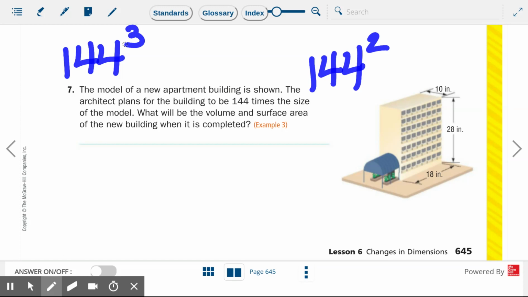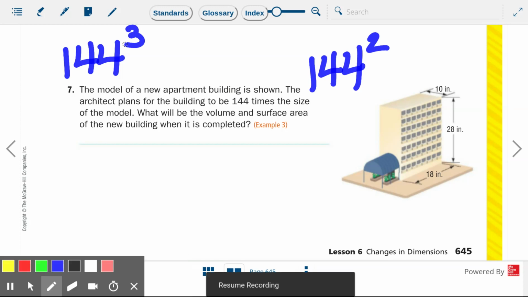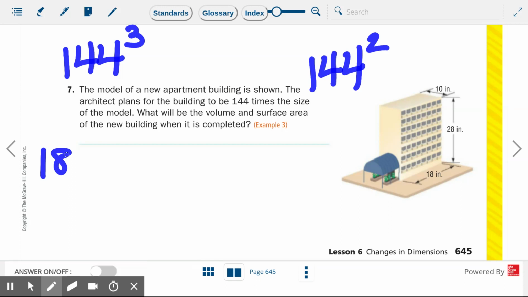I think the surface area and the volume of this, the model here is in inches, and they do them both in feet. So, when you get, let's look at the volume, for example. If we take a look at the volume part, that would be 18 times 28 times 10.